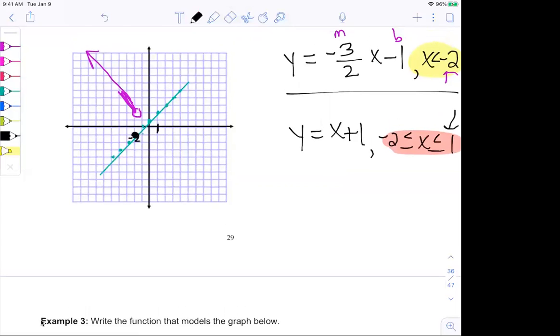In my line, it says less than or equal to, so I'm going to put a point. So this is saying that my line has to be in between negative 2 and 1. Those are my kind of like boundaries. My graph goes from negative 2 and it stops at 1. It doesn't go beyond them. And then I erase the rest. So there's another segment of my line.